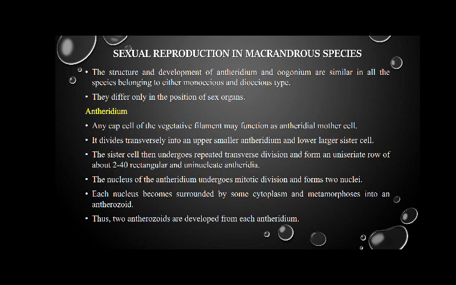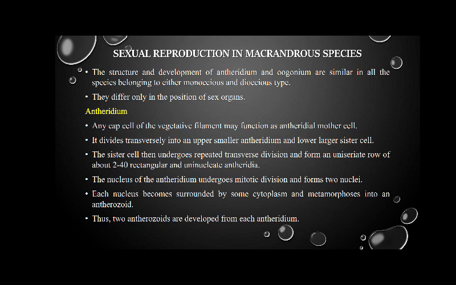So, we will explain first the sexual reproduction in Macrandrous type. Here there is no morphological dissimilarity. Both Androsporangia and Oogonia are borne on the same filament. First we will discuss Androsporangium. Any cap cell, any young cell which undergoes division, can function as an androgonial mother cell.